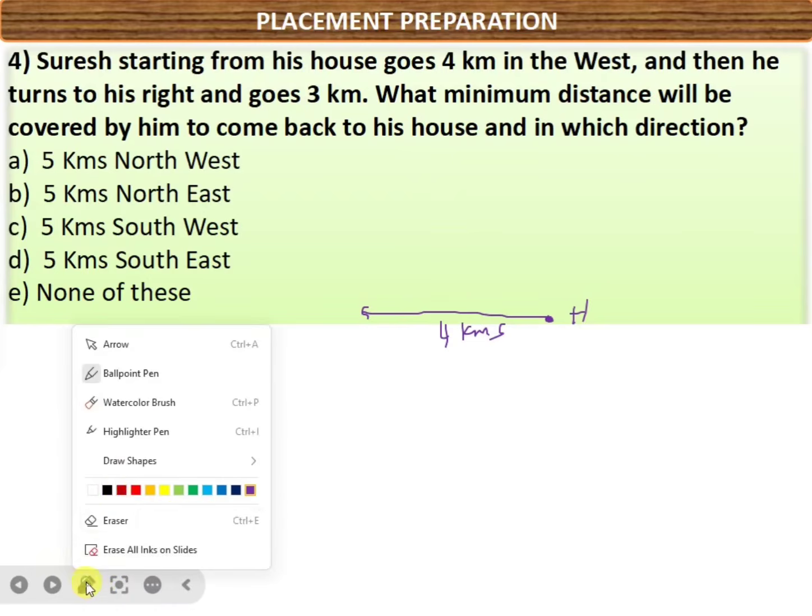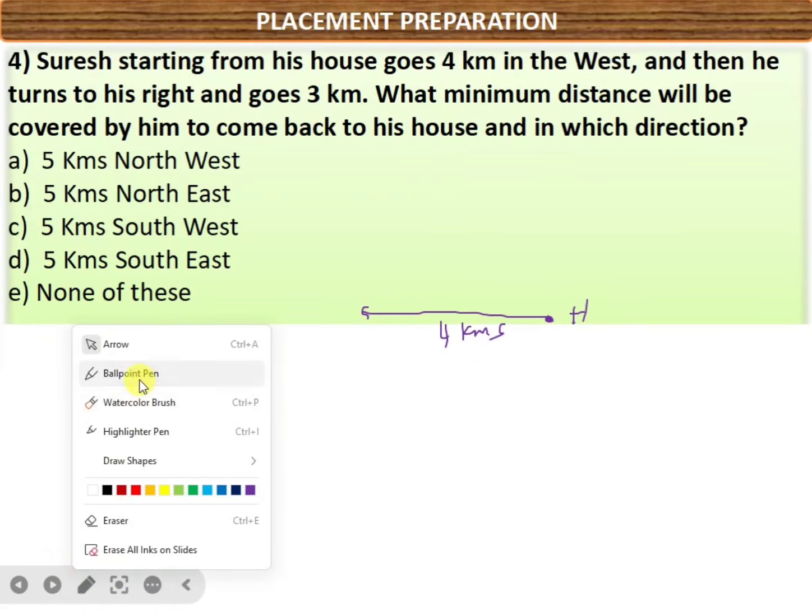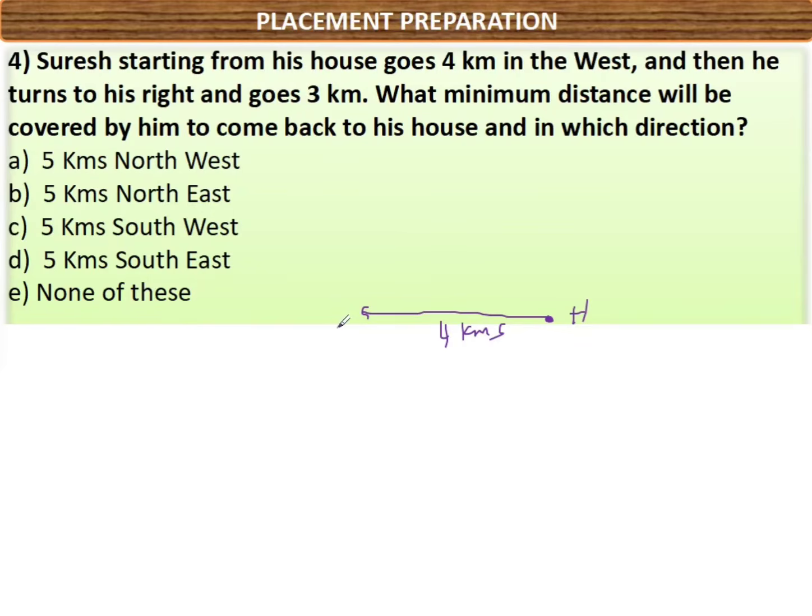Then he turns to his right. If he is going like this, his right will be obviously upside. And how much did he travel? 3 kilometers.